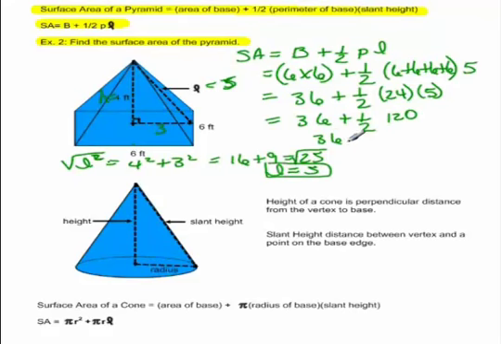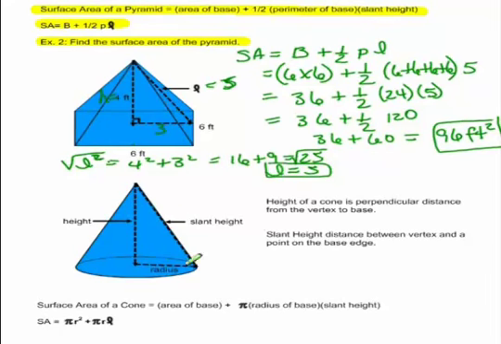So we have 36 plus half of 120 is 60, and 36 plus 60 is equal to 96. And remember, this is in feet. We're still talking about area, so it is square feet. So that's our surface area. Okay, let's look at the next set of information.